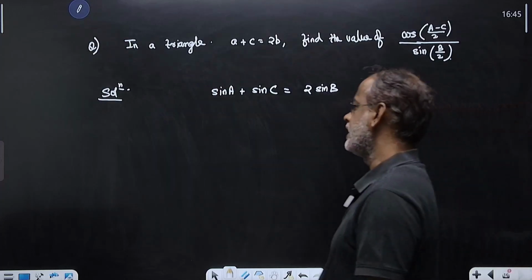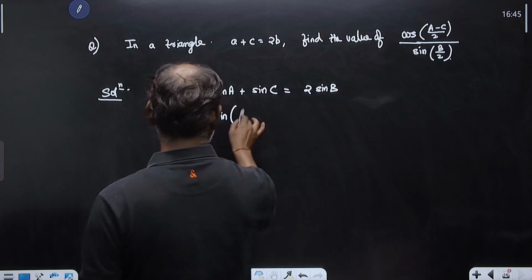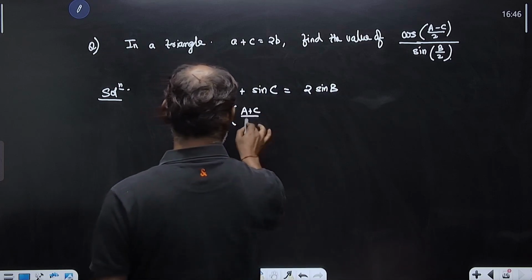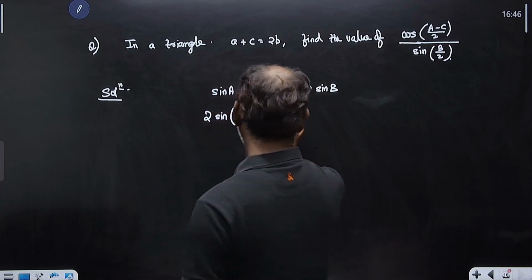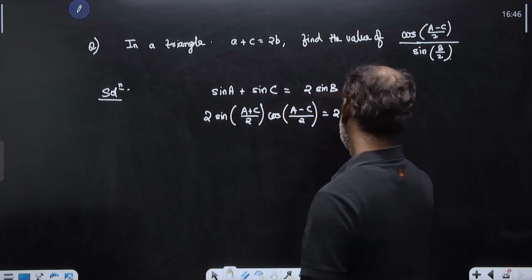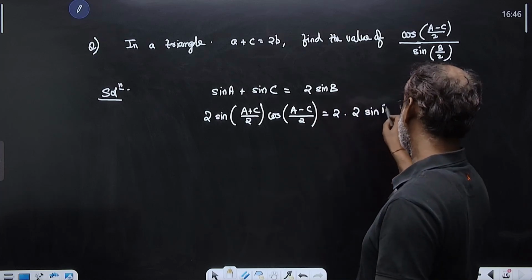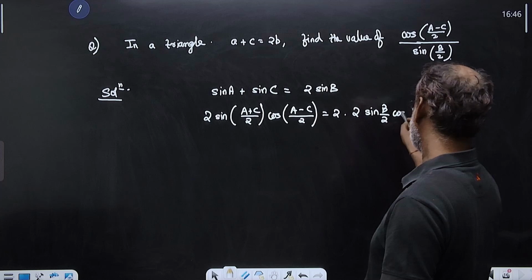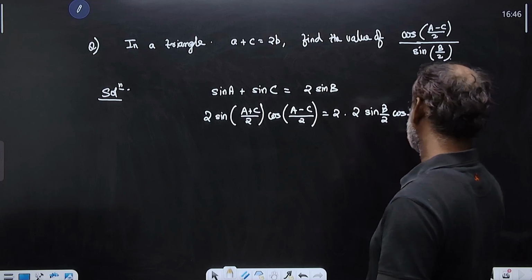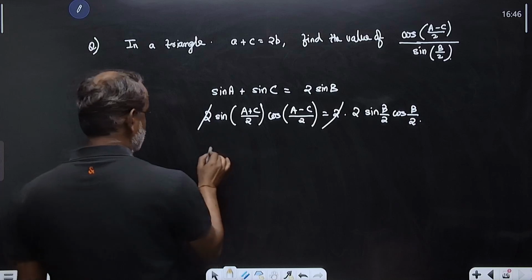Okay. So, sine A plus sine C is 2 sine A plus C by 2 cos A minus C by 2, is 2 times 2 sine B by 2 cos B by 2. Now, what is A plus C?